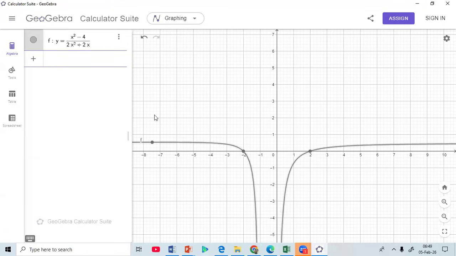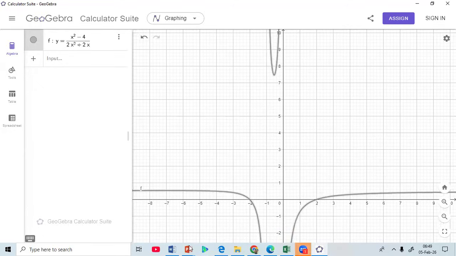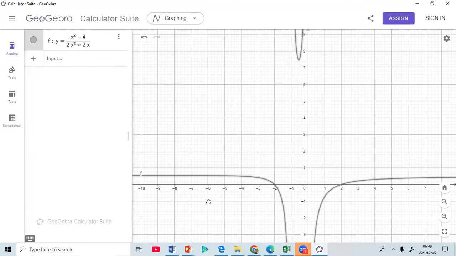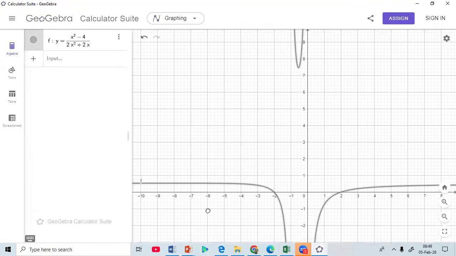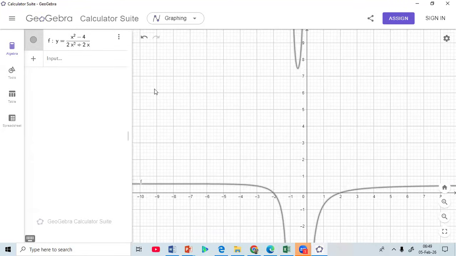Hope you are seeing the graph. Now, what are you noticing about this graph? I want you to look at it very well.